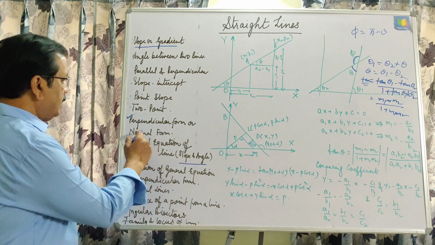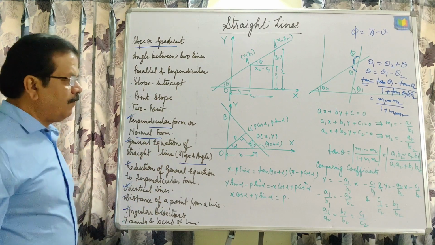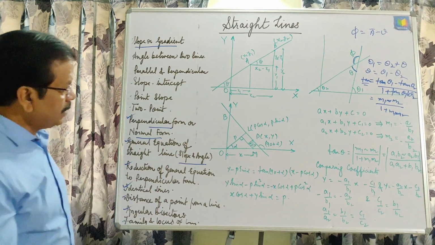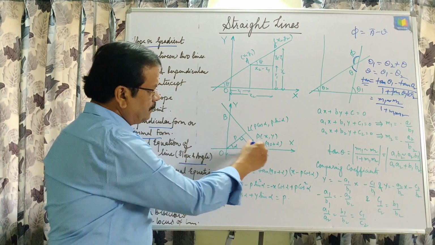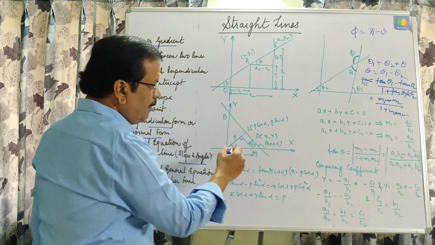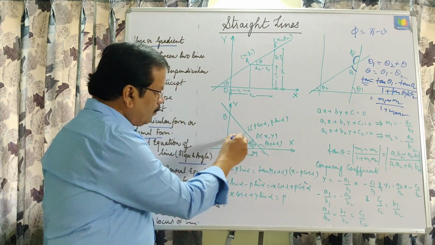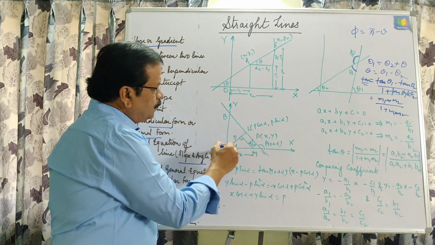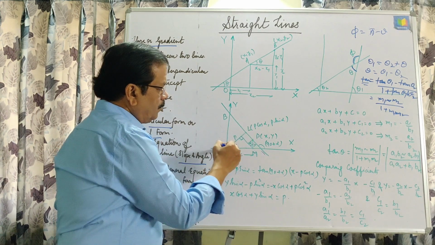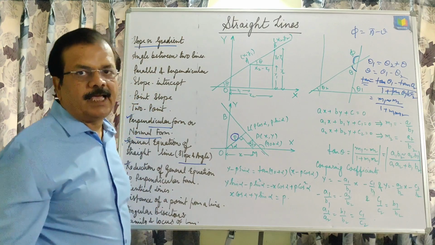Now the next topic, the perpendicular form or normal form of any line. Suppose you are given this straight line, and you have to find the equation of this straight line in normal form. That means you draw a perpendicular from the origin to this line, and P is the perpendicular to the line.